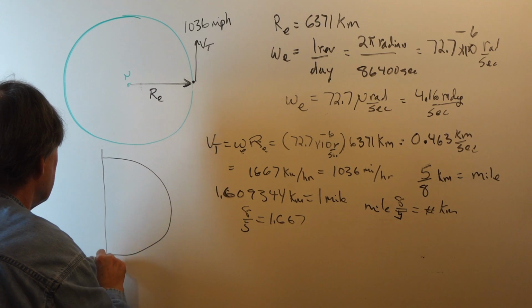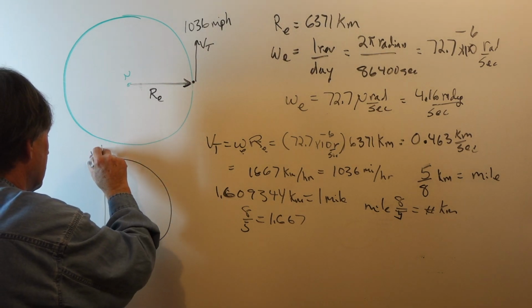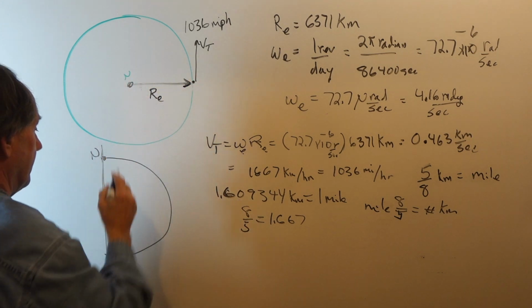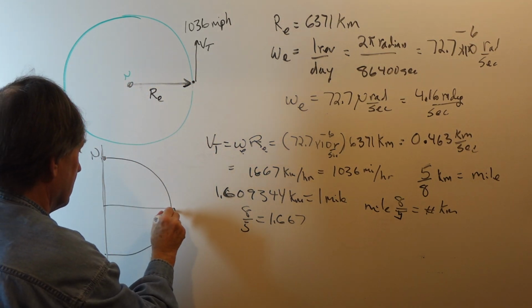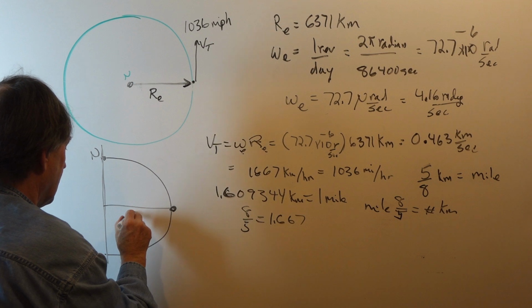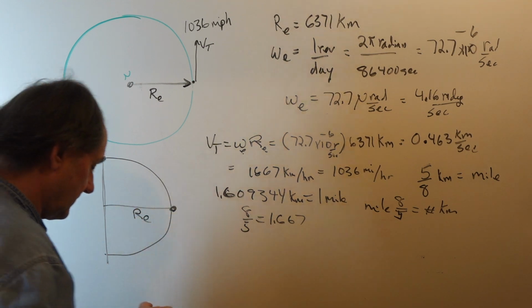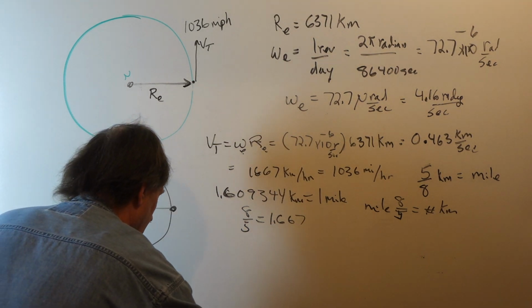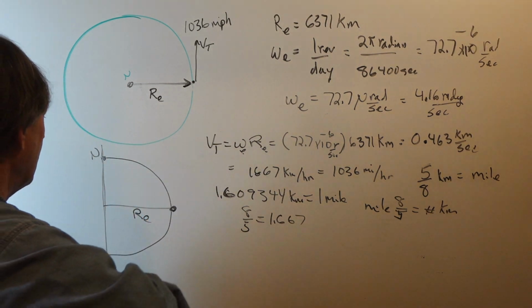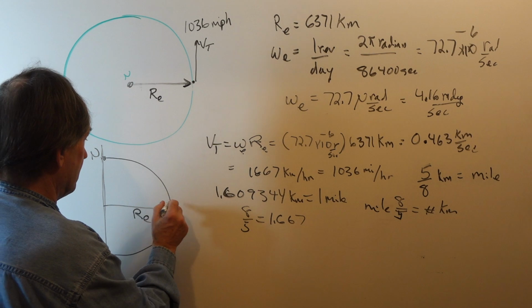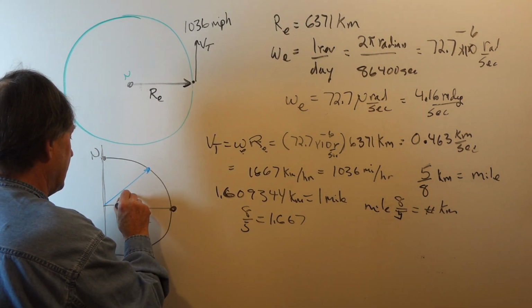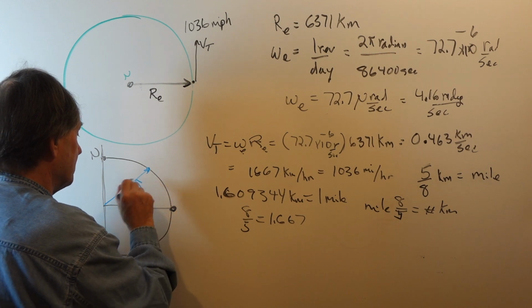See, this is the center. Here's the north. This is the axis of the Earth. We have the North Pole sitting here. That's this point. And here's our equator. So here is the radius of the Earth from the center of the Earth out to the equator. Now, to get it at some latitude, let's call it theta L, which is our latitude angle.